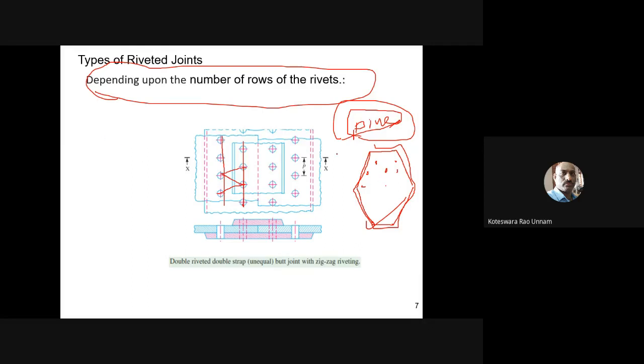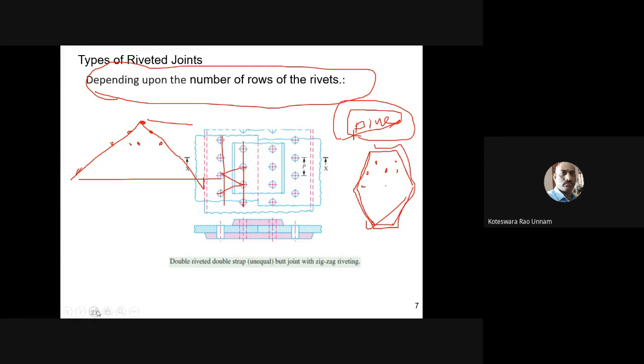In diamond riveting, there is a uniform pattern. The outermost row will have only one rivet, then the next row will have two rivets, then three rivets, then four rivets. Like that, the number of rivets increases as you move from the outer rows to the innermost row.